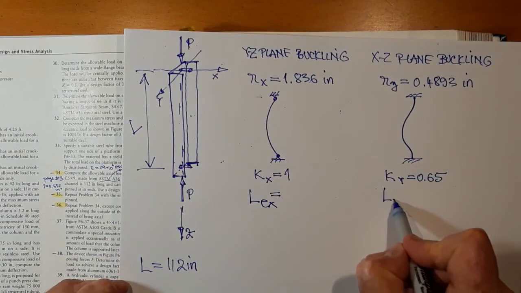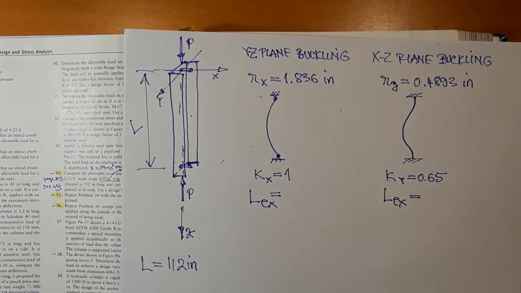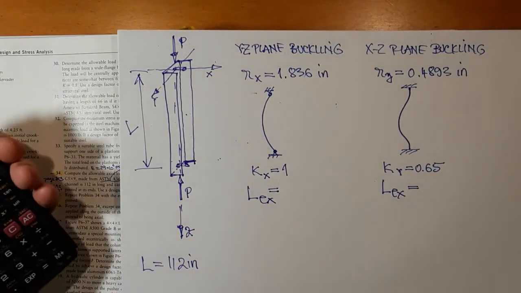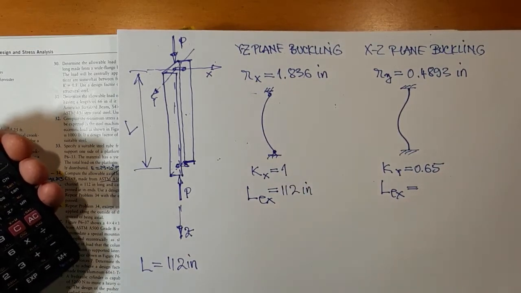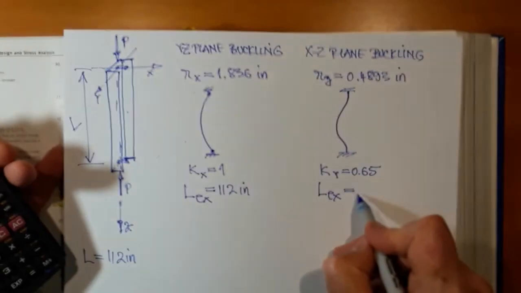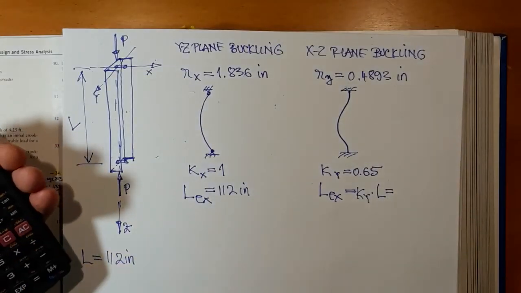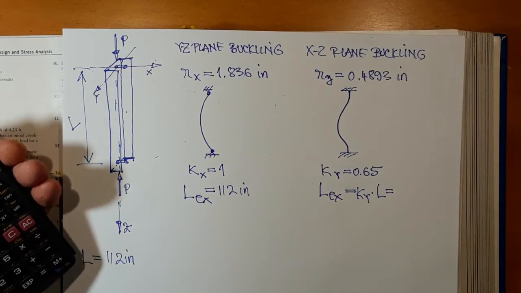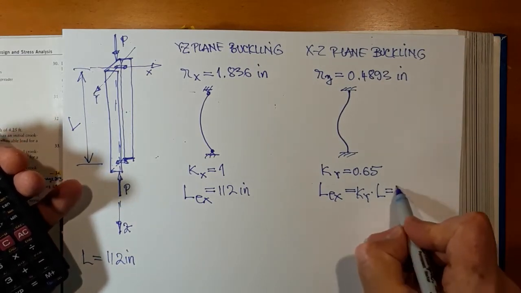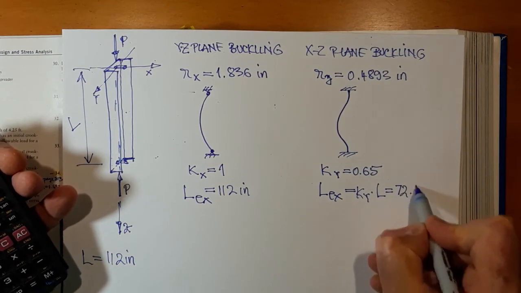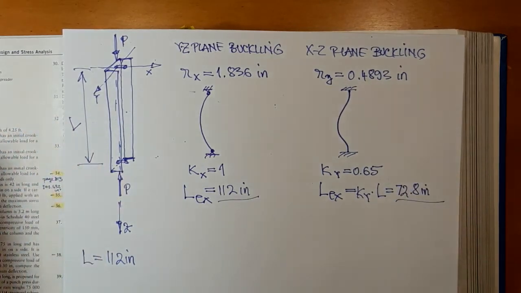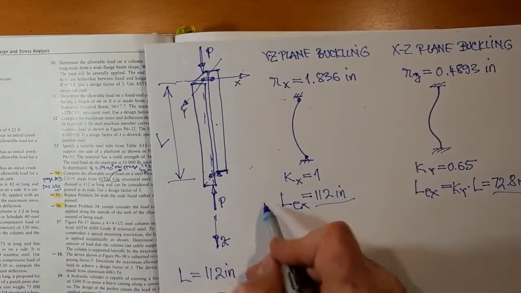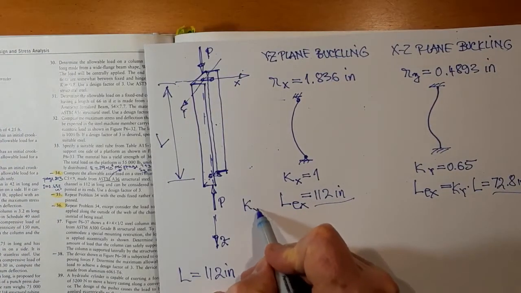The value here is 1 unchanged, and 0.65, so Ky times L is 72.8 inches. All right. So Kx times L.